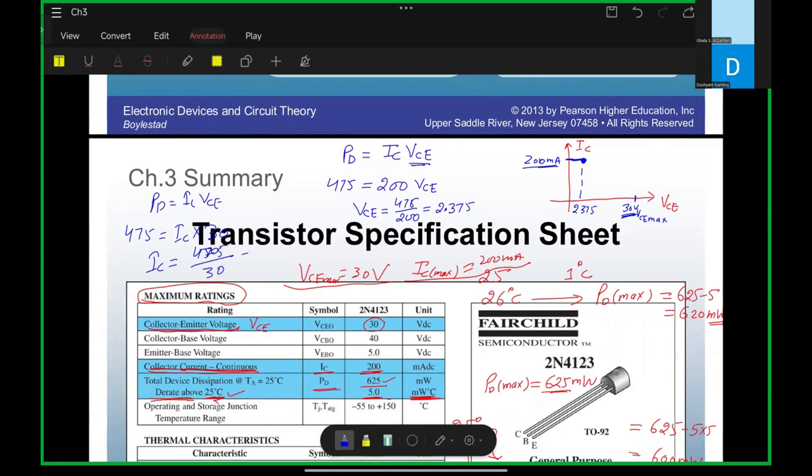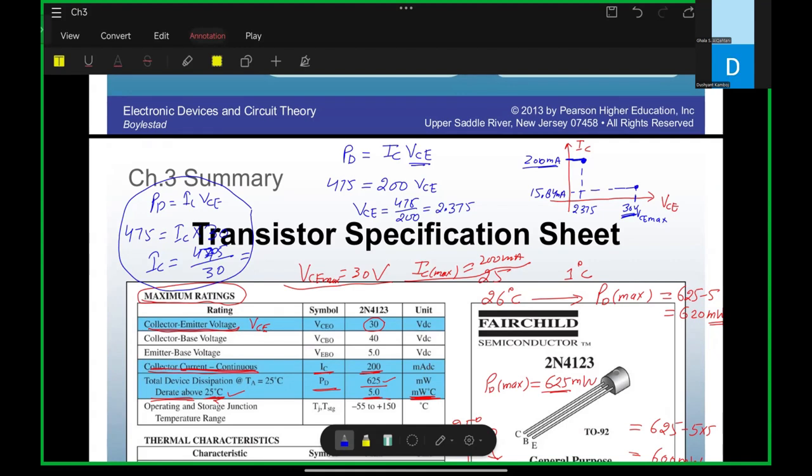Can you tell me how much is this IC? 15.84. Right, this is our second point.